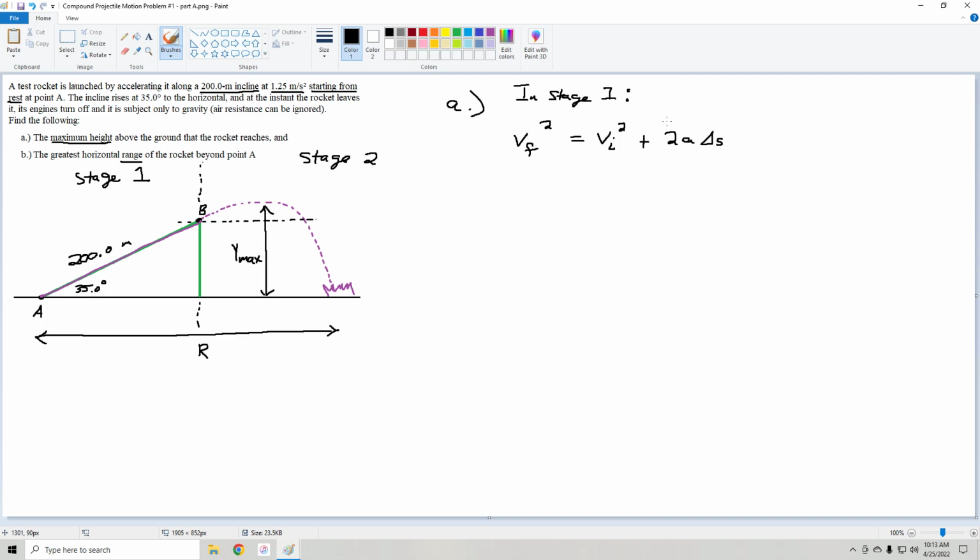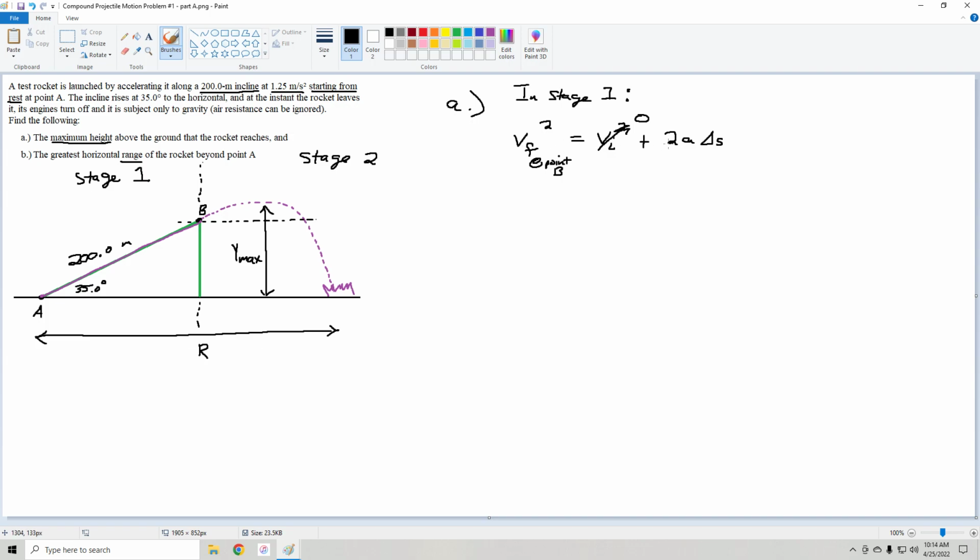And we can simplify this a little. We were told that the rocket started from rest at point A, which means that the initial velocity is 0, and we want to solve for the final velocity. This would be at point B. So what can we do?